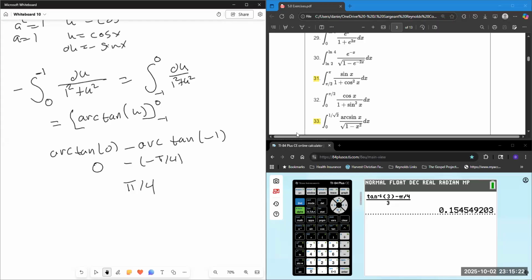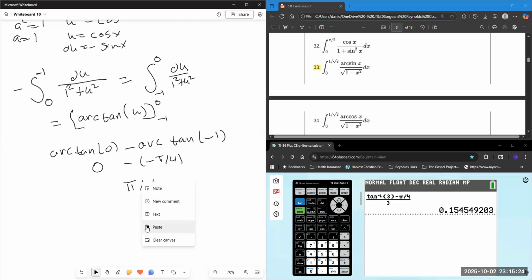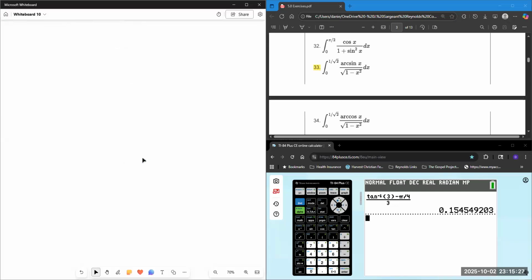Let's look now at number 33. 33 is the integral from 0 to 1 over root 2 of arc sine of x over root 1 minus x squared dx.